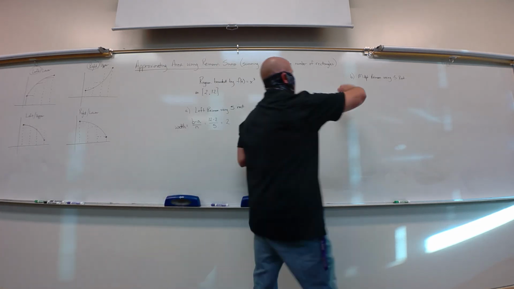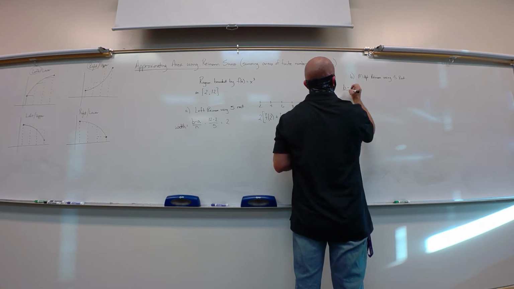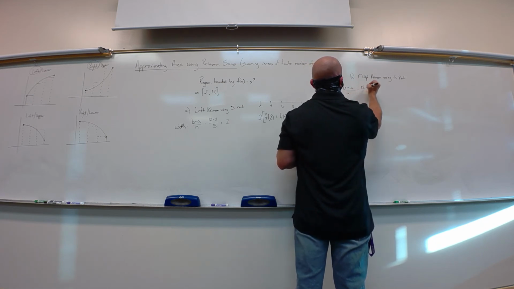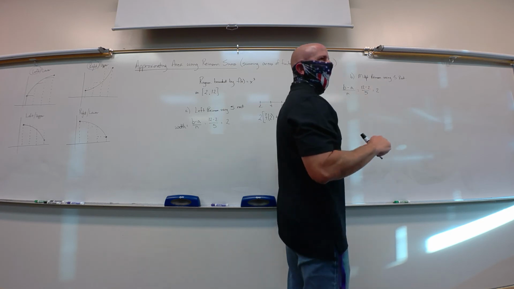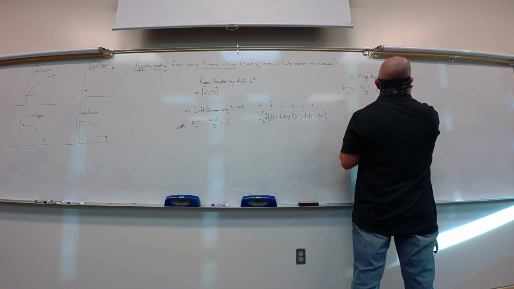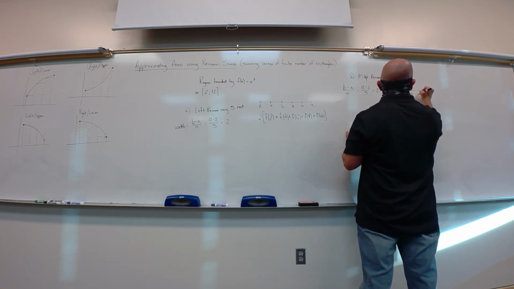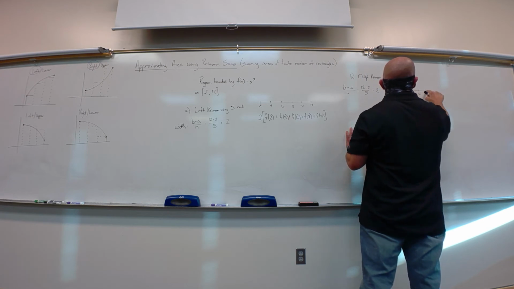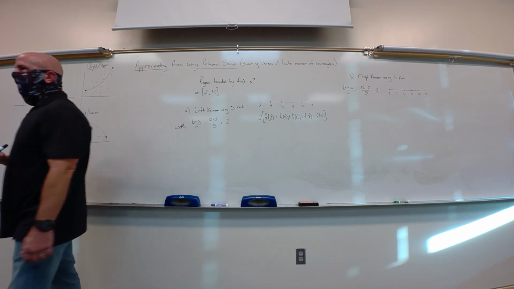That means my first step is to figure out my width, b minus a over 5, or over n. So 12 minus 2 over 5 is 2. That gives me my number line. 2, 4, 6, 8, 10, 12. Width is 2.